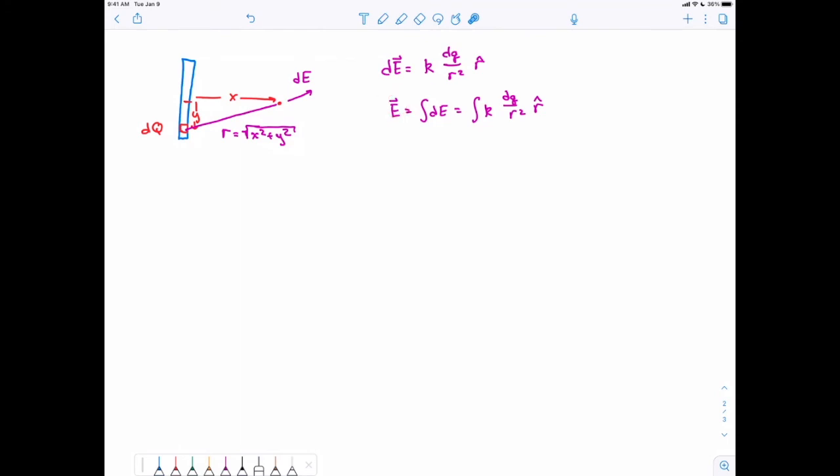What do you think? Over here, I put a positive test charge, and I have positive charge distributed on this rod. What direction do you think the force will be on that positive test charge? To the right. Okay, so it's going to be repelled by this positive charge. So the electric field should point to the right. What about, should there be a vertical component?